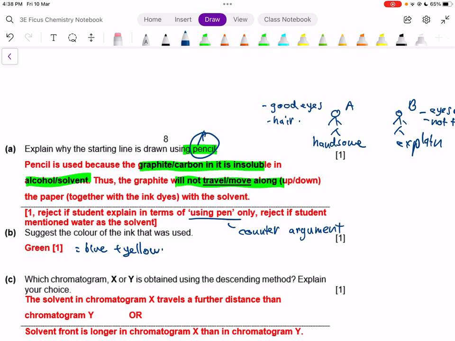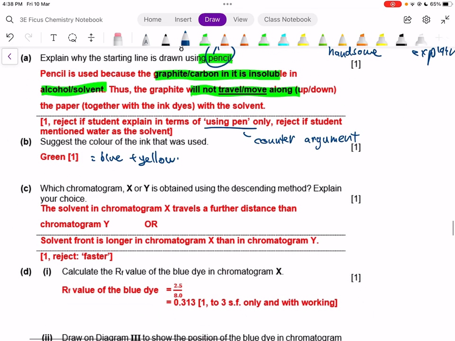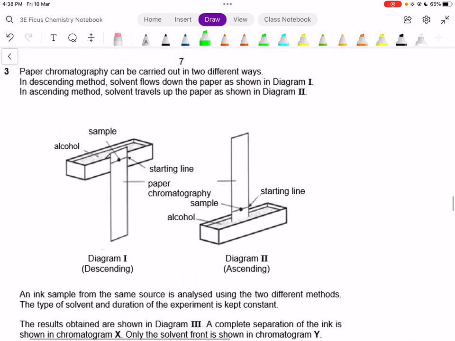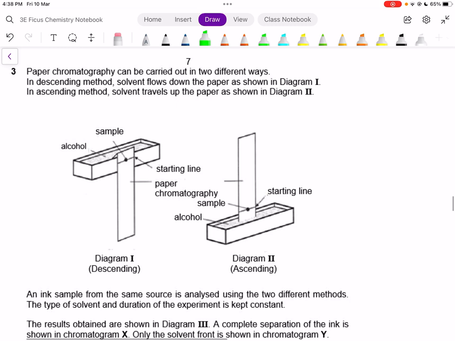Okay, then the next thing. Chromatogram X or Y is obtained using the descending method. Okay, descending method means this one. You are told the descending method is where the solvent flows down, as in diagram 1. Okay, so the solvent flows down.